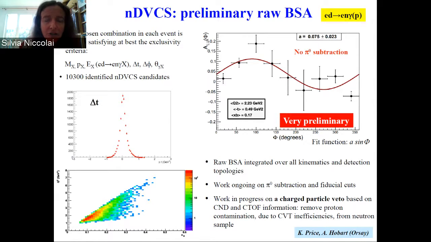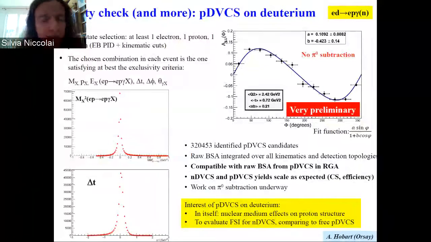For a sanity check to make sure that we are doing things correctly, we use the same data set to extract proton DVCS on deuteron. So it's also a check that the helicity information is correct and the selection of the final state as well. So we used exactly the same kind of analysis, but instead of detecting a neutron, we detect a proton.